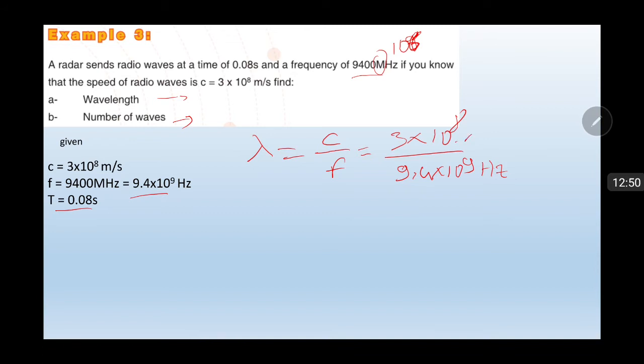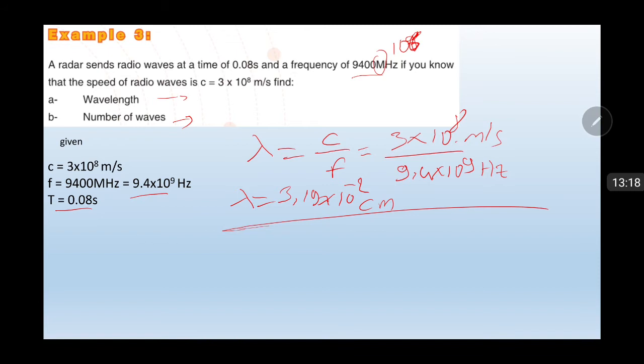This one is meter per second. So the wavelength equals 3.19 multiplied by 10 to the power minus 2 meter, or centimeter.